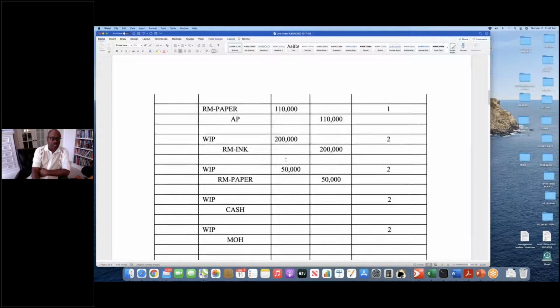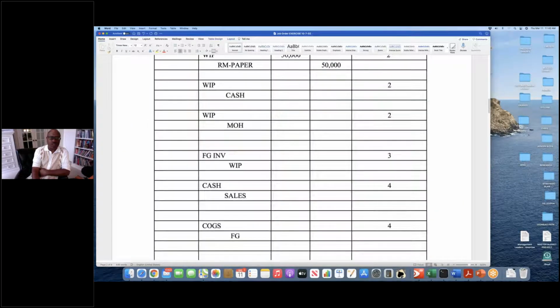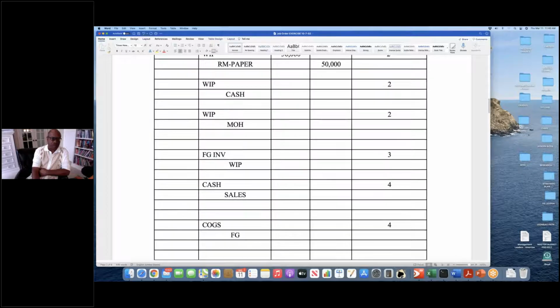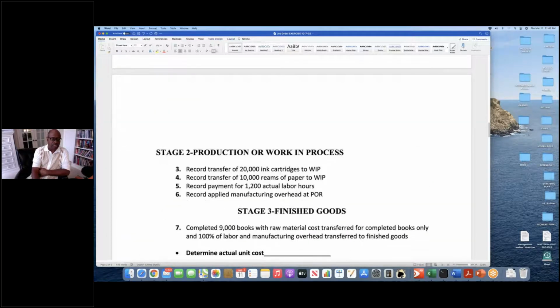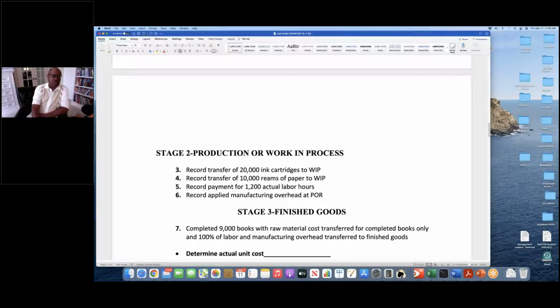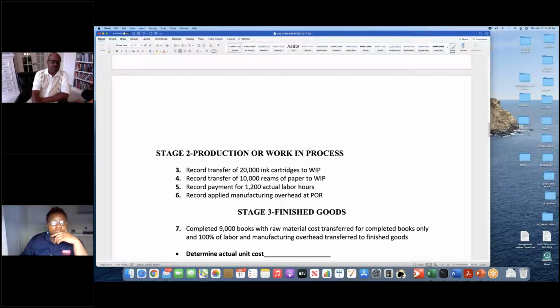Okay, the next journal entry says we debit work in process and credit cash. We're still in stage 2, so we know what it is. It says record the payment of 1,200 actual labor hours. So the workers worked 1,200 hours.